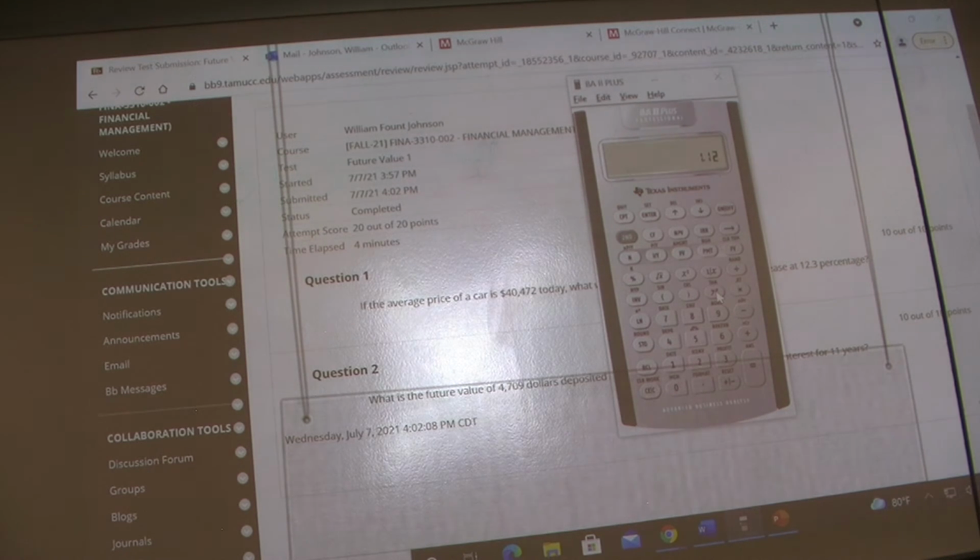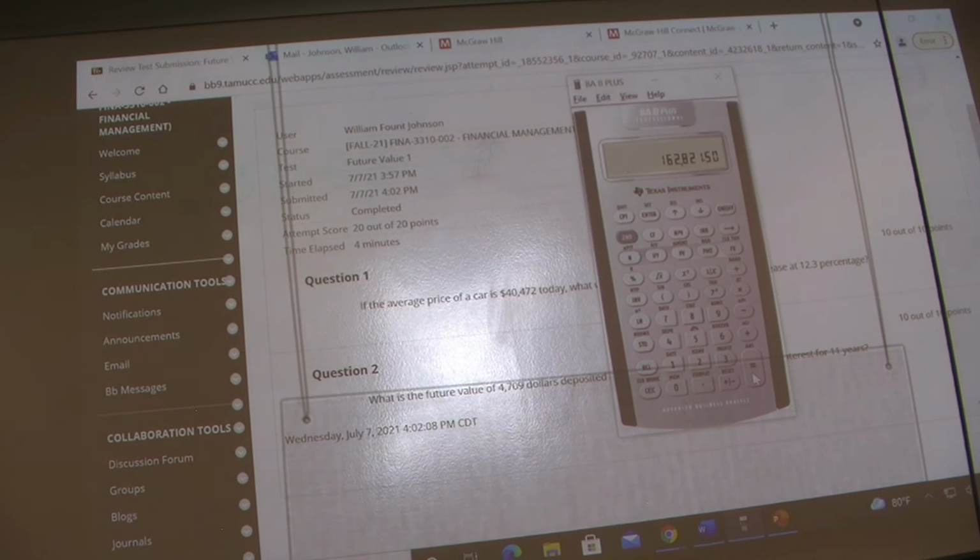So this is y to the x, 12, which gives 4.02, and then we want to multiply that times our present value, 4,472.